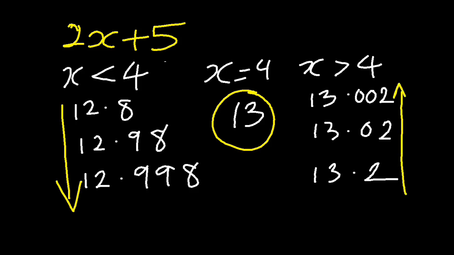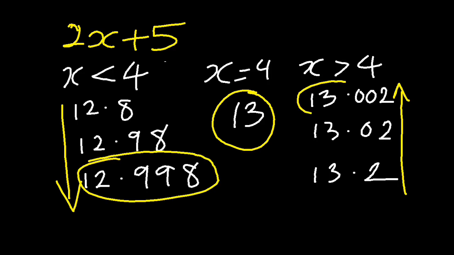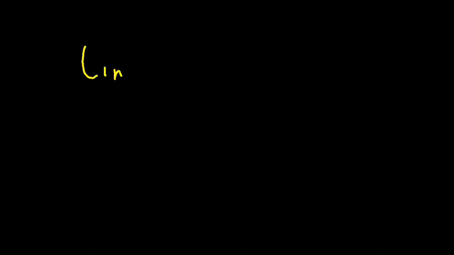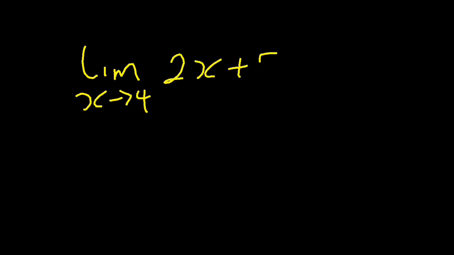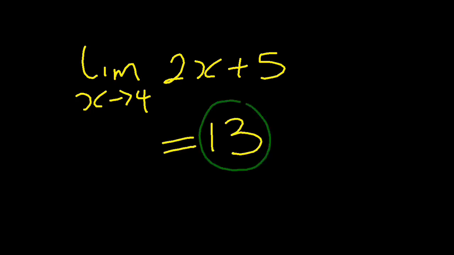Now you can see that both 12.998 and 13.002 are both very close to 13. So the limit of 2x plus 5 when x tends to 4 is 13. Hope this is clear. Thank you.